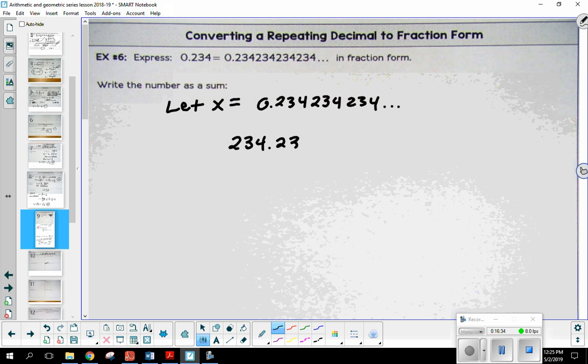And then we have 234, 234, dot, dot, dot. Okay. Now, we're going to go ahead and say this equals something times x. So you're going to have to multiply it by 10 or 100 or 1,000. But the number of zeros is the number of digits that are repeating. So how many numbers are repeating here? It's 3. So I'm going to go ahead and say 1,000.